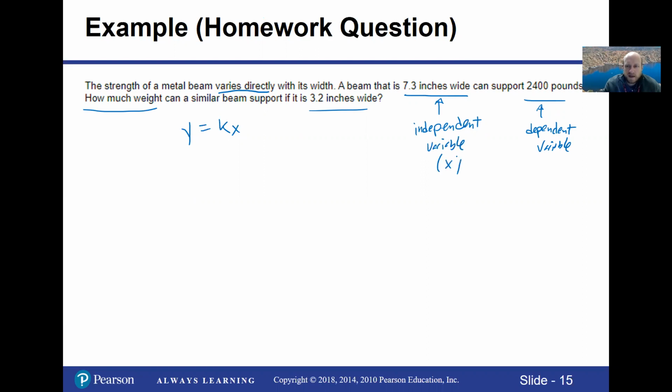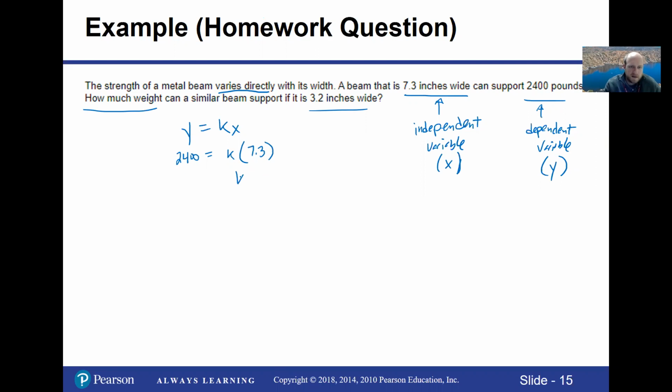Independent variables are x. Dependent variables are always y. So I'm going to substitute these into our equation for direct variation. I have 2,400 equals k times 7.3.